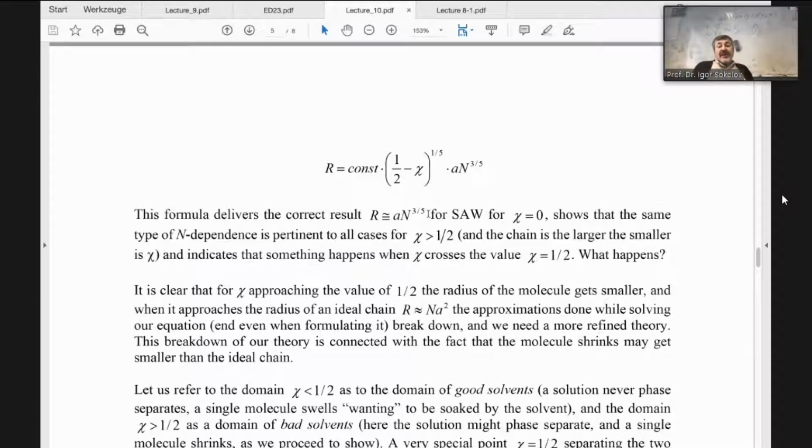This is Flory. And this Flory is okay not only for the case of the athermal solvent, which means not only for the case of the genuine self-avoiding walk we have considered up to now, it is okay in the whole domain of good solvents.